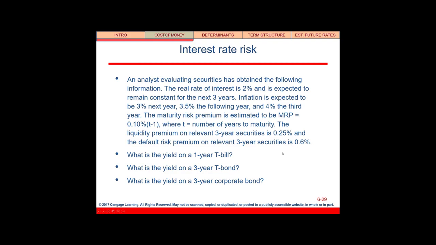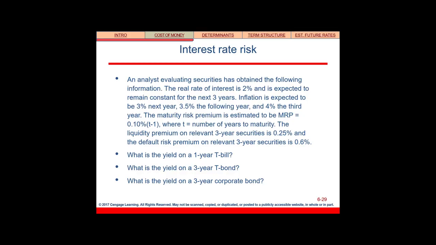If we write down that equation, you already have everything you need to know about those 5 factors. The first one is R star, the real rate of interest. The second one is inflation, so you already know the inflation rate for the next 3 years. Depending on how long the maturity of the security is, you can calculate the inflation premium accordingly.